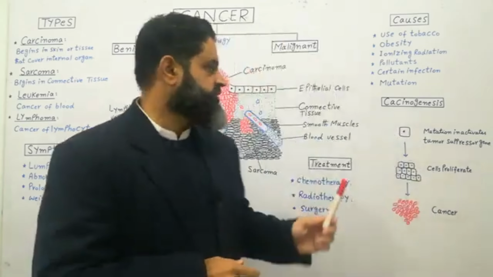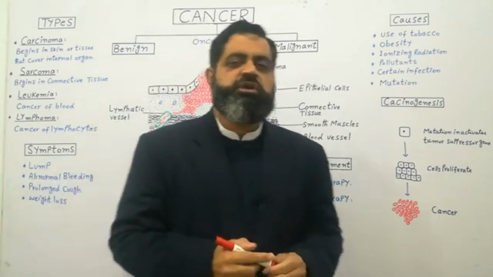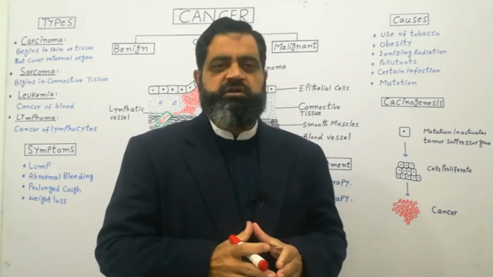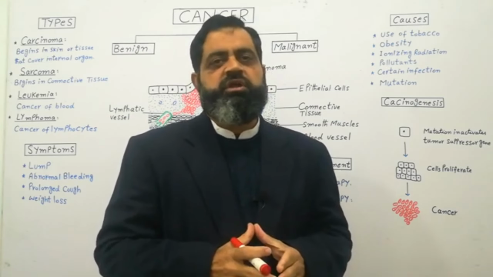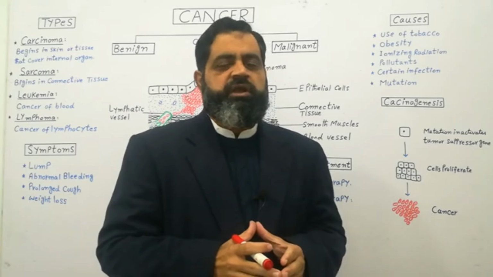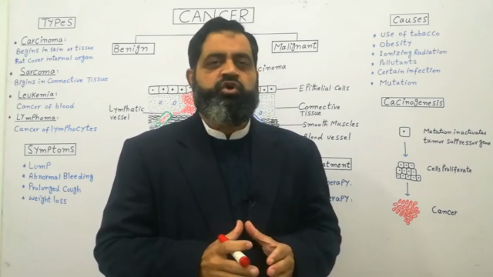For the treatment of cancer, we use chemotherapy. Chemotherapy is a process in which certain anti-cancerous chemicals are administered in the body at regular intervals to treat the cancer. But these anti-cancerous chemicals can also kill normal body cells.